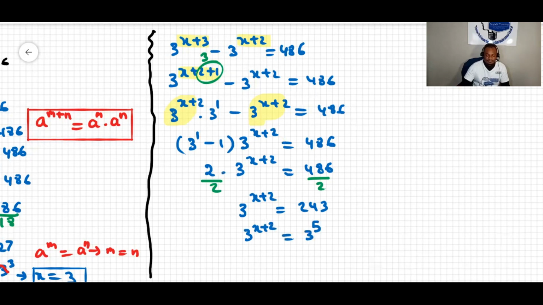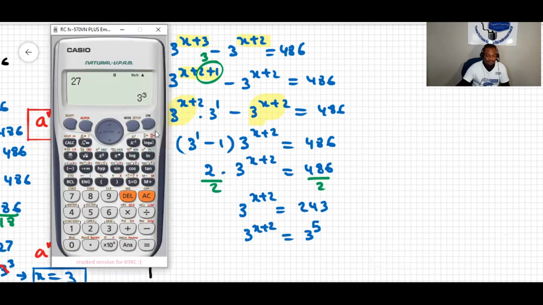If you're unsure, you write 243, you press equal, then the shift button, and then the fact button. You get 3 to the power of 5.